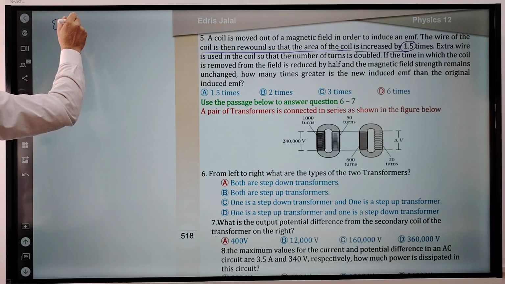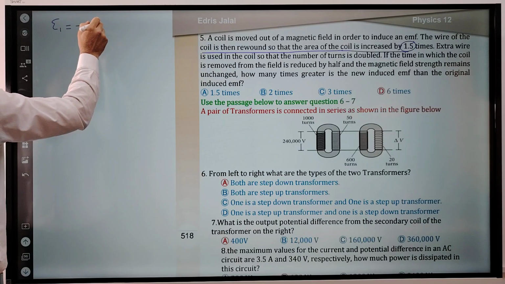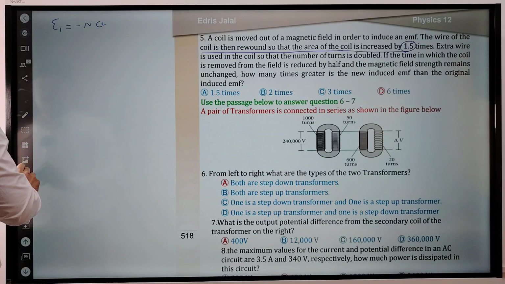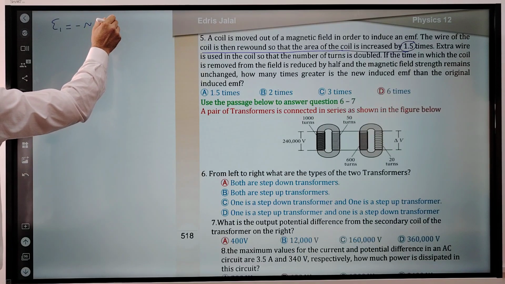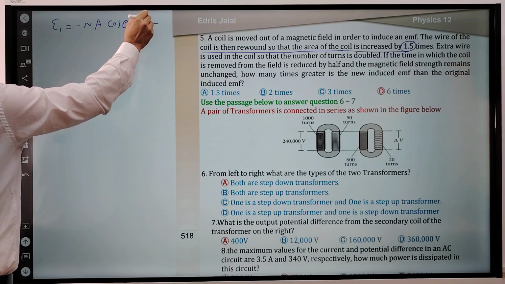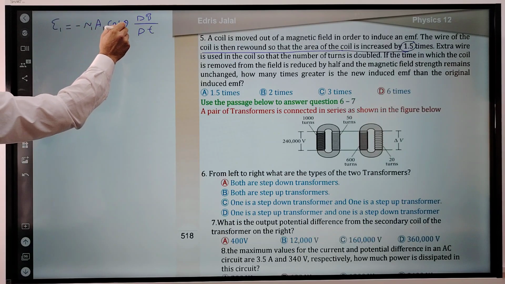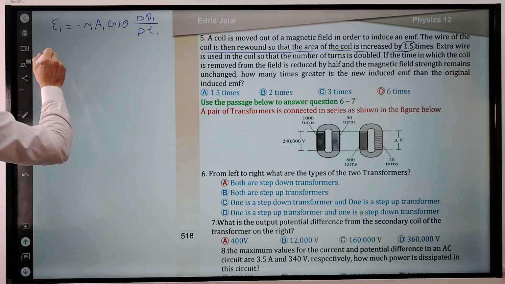So which means that EMF for the first time is equal to negative N A cosine theta delta B over delta T, okay? N1 A1 B1 over T1.